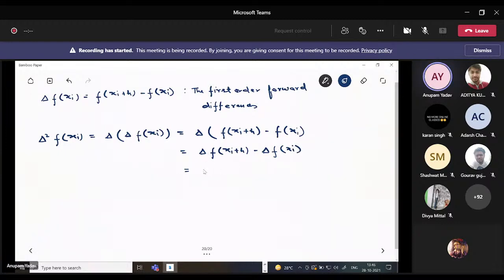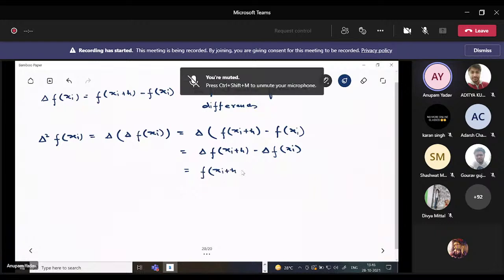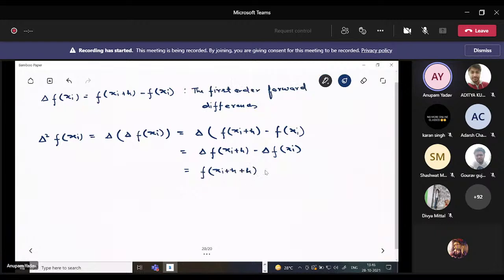So it will be f of xi plus h plus h, that is f of xi plus 2h, minus f of xi plus h, and minus delta f of xi, which is f of xi plus h minus f of xi.